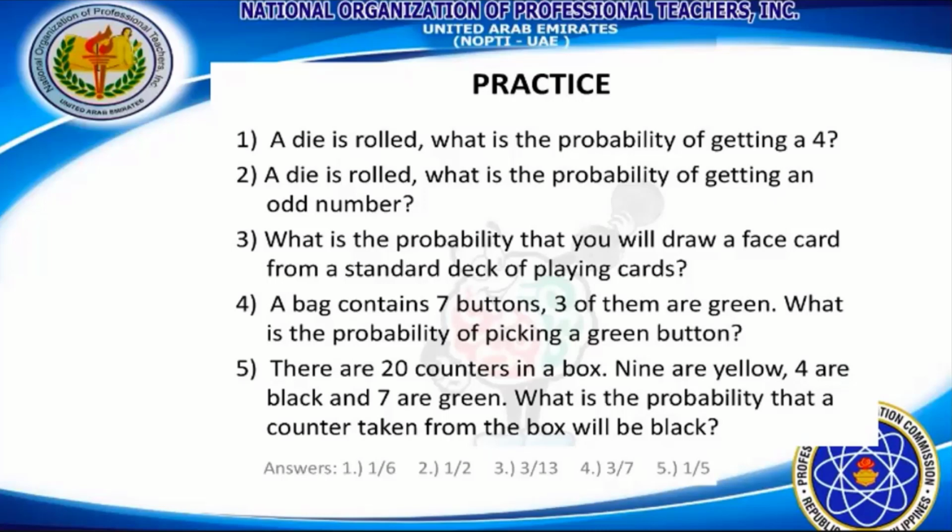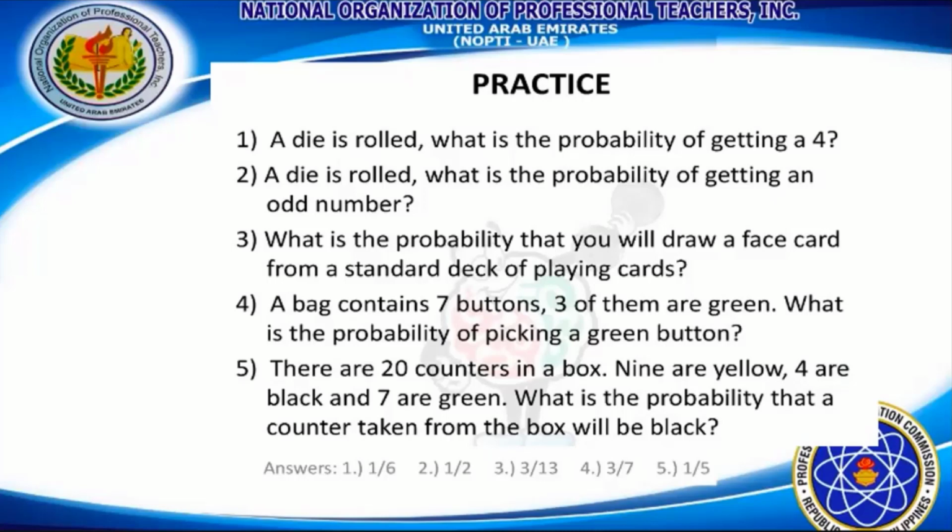Okay, next. Number 3. What is the probability that you will draw a face card from a standard deck of playing cards? Ilan ba yung baraha? 52. Ilan ang mukha doon sa baraha? 12. Di ba? 4 na jack, 4 na queen, 4 na king. So, ilan ang probability? 12 over 52.